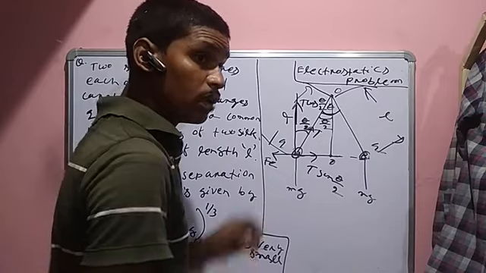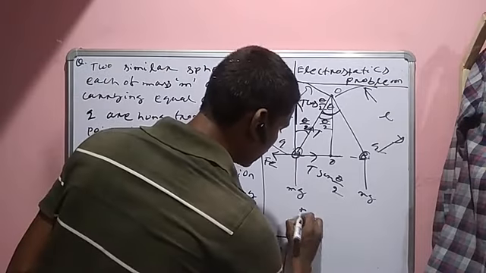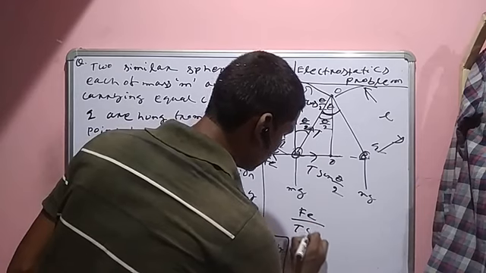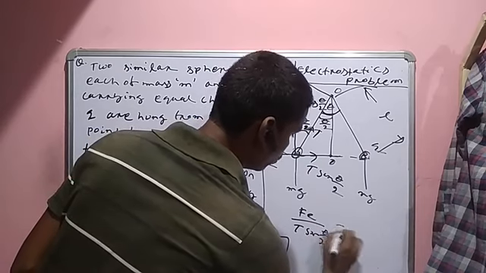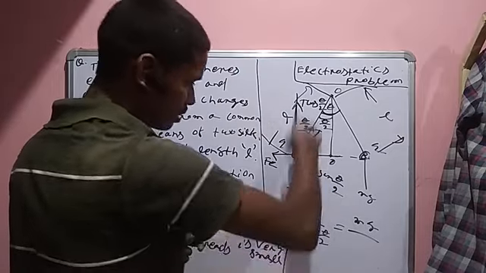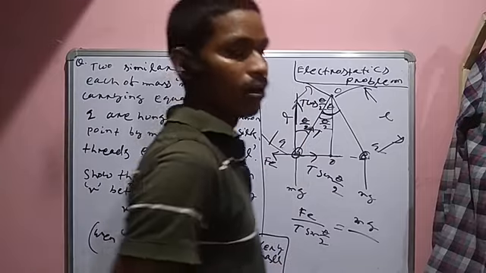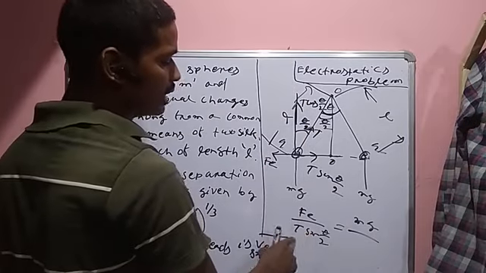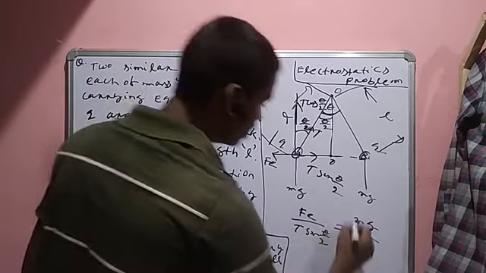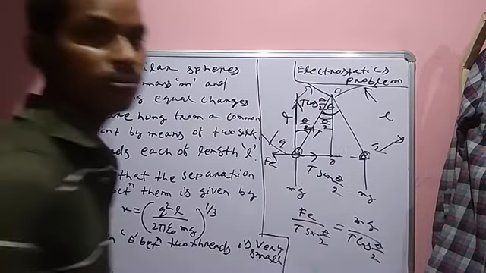Due to Lami's theorem, you have already remembered, Fe by T sin theta by 2 is equal to mg by T cos theta by 2. This by this is equal to this by this. Can it be visible or not?